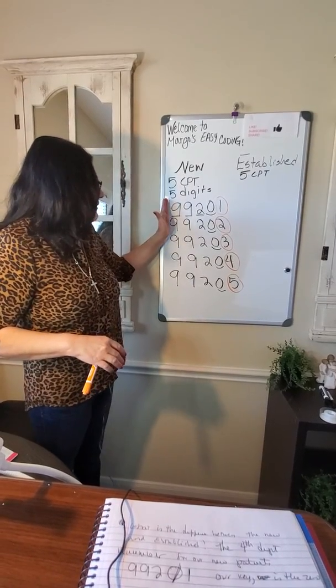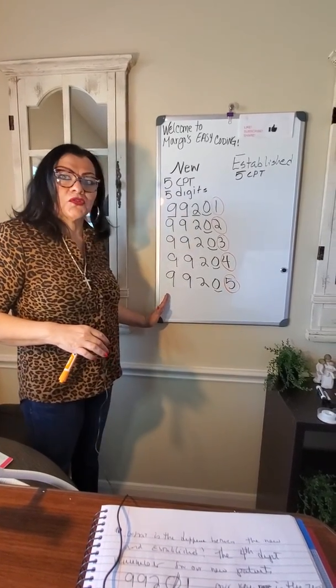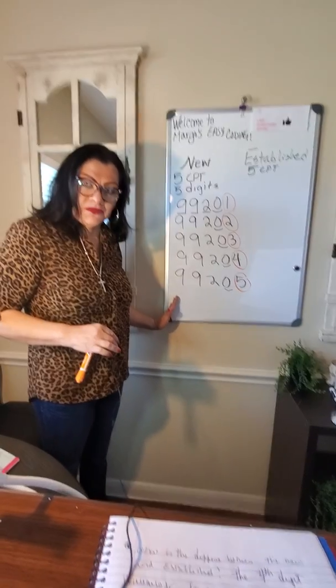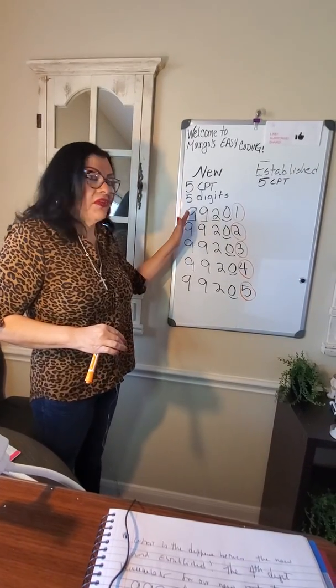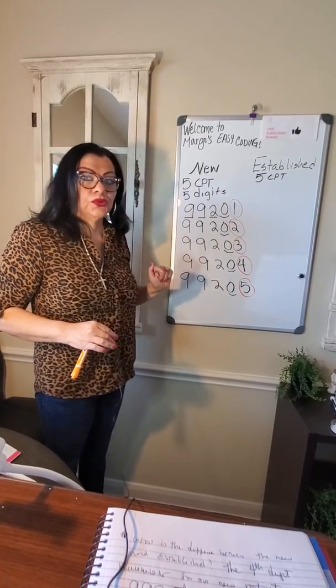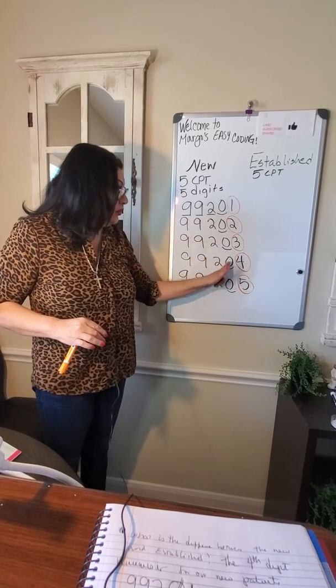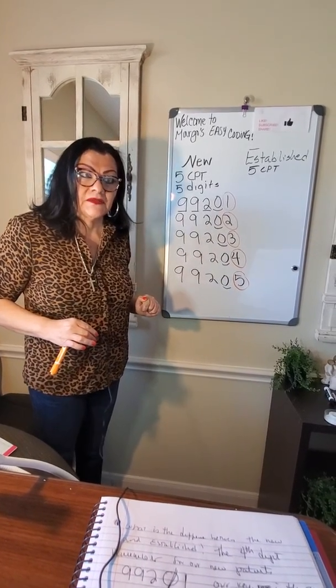So we have 5 CPT codes for a new patient for an office visit. All of them are 992 because we're coding for a new patient.